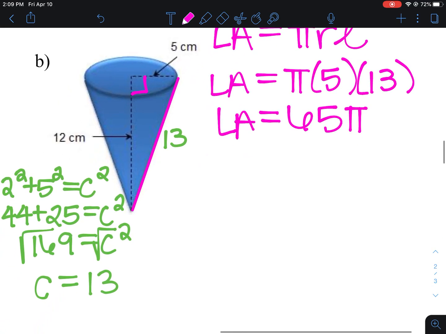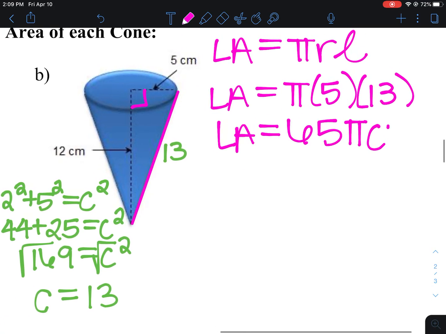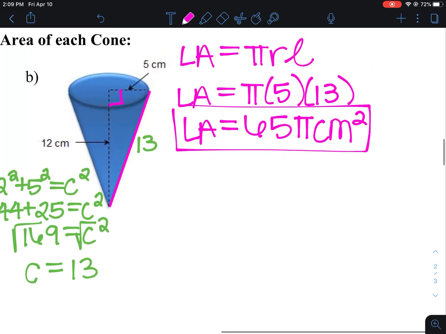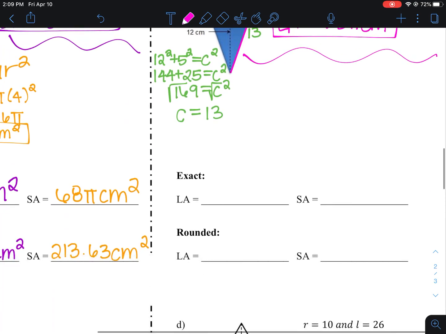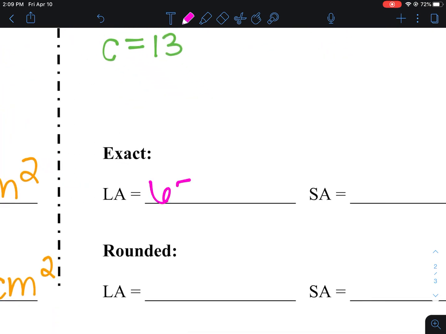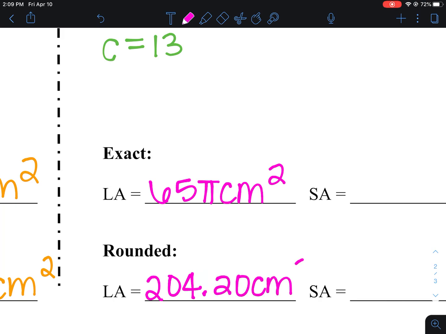Pi, we're in centimeters squared. Okay, so put that in the exact part, 65 pi centimeters squared, and to find out what that is rounded, type 65 pi in your calculator, and that's 204.20 centimeters squared.